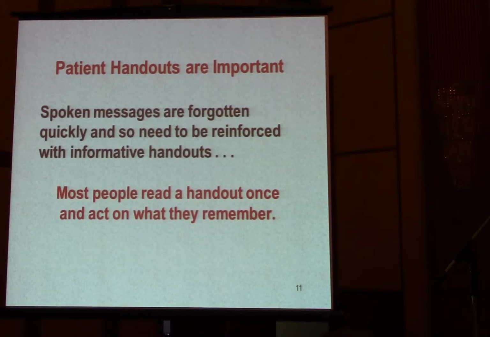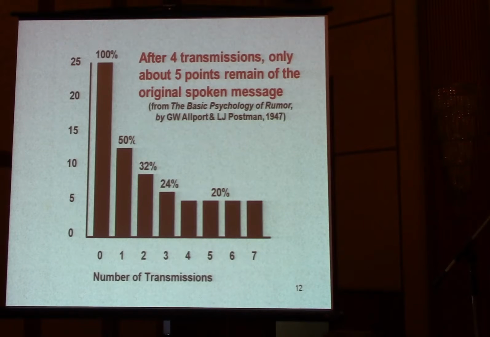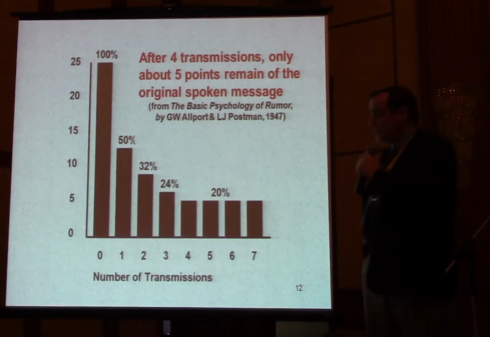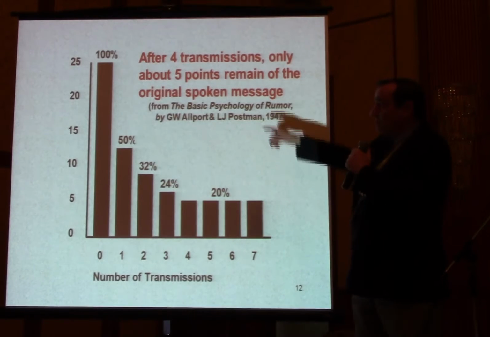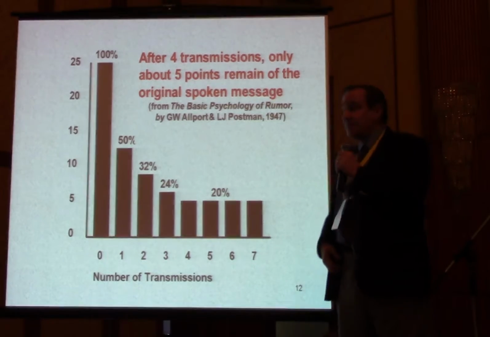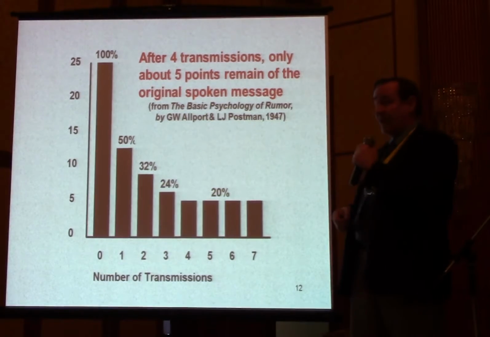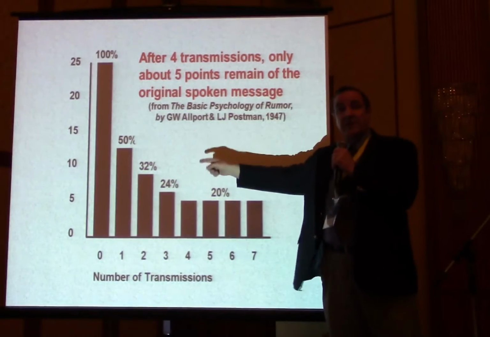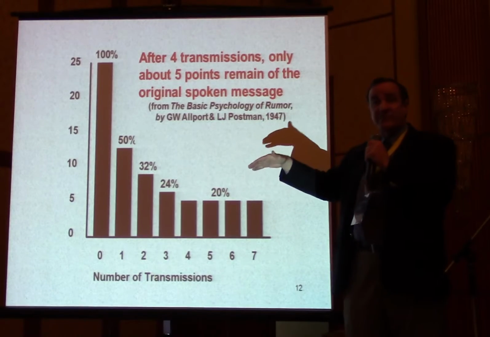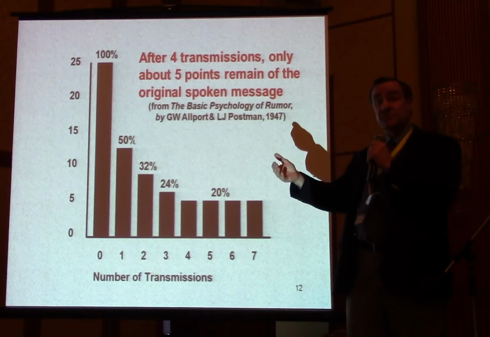Now, spoken messages are very quickly forgotten. Here's an example from some interesting work done actually a long time ago, but it's a very repeatable experiment. If you start off with 25 facts, and the first person reads the handout and gets 25 facts, and then tells the second person, about half of those facts don't get transmitted.